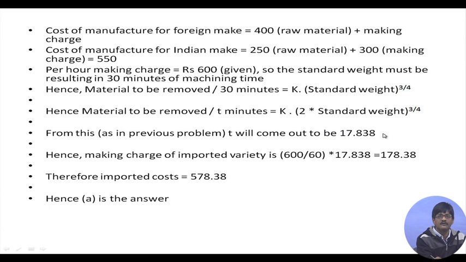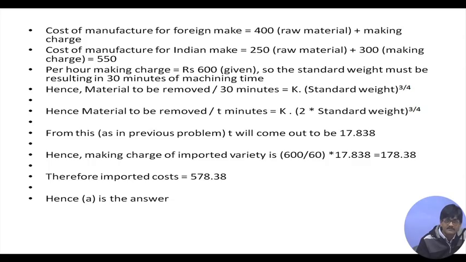I have foregone the rigorous calculation, but as you can notice here, from here we will find out the value of K in terms of standard weight, and we will put the value of K here and easily find out the value of T. I will write it down, but you can solve it yourselves.